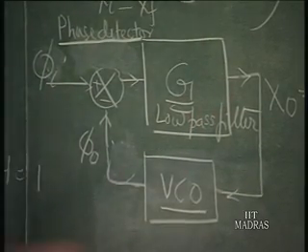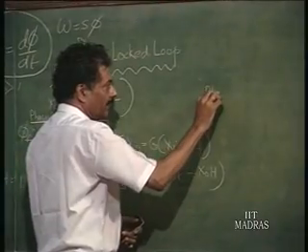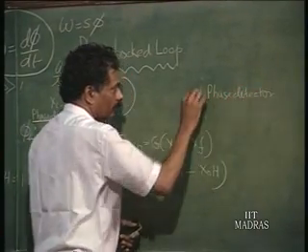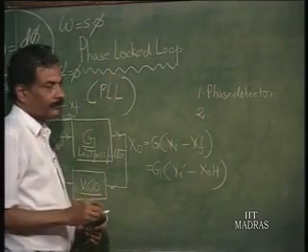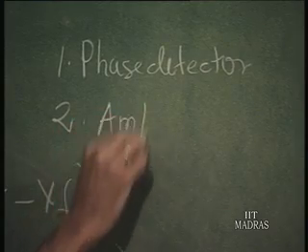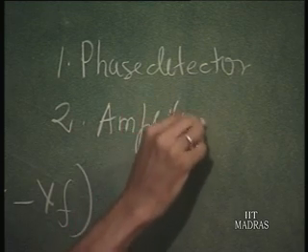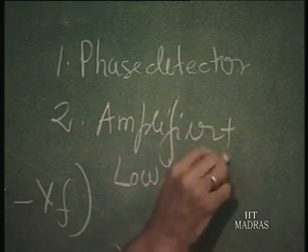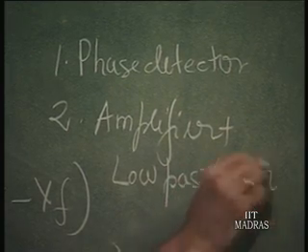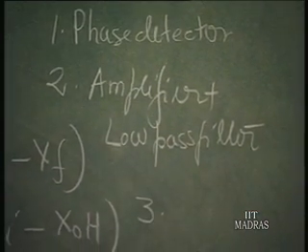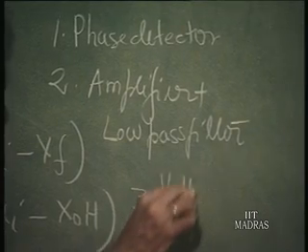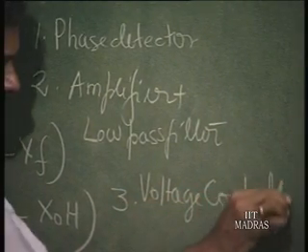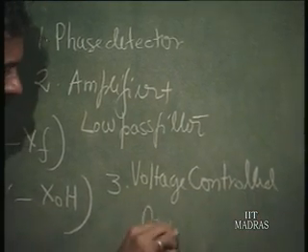So, let us now list out the basic building blocks: phase detector, amplifier plus low pass filter, then 3, voltage controlled oscillator.